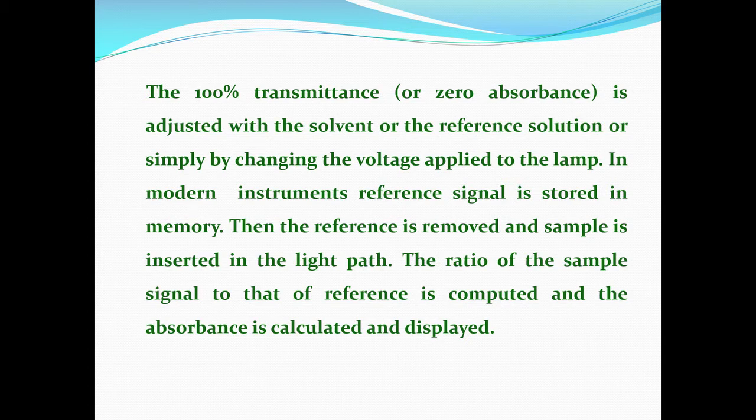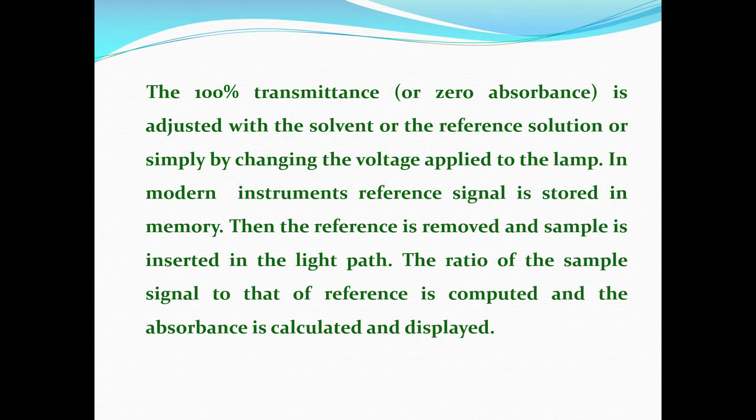So, the readout scale could be analog or digital. In the analog scale, 100% transmittance is adjusted with 0 absorbance, and 0% transmittance is adjusted with an absorbance of 2, that is the negative log of 0.01, which is 2.